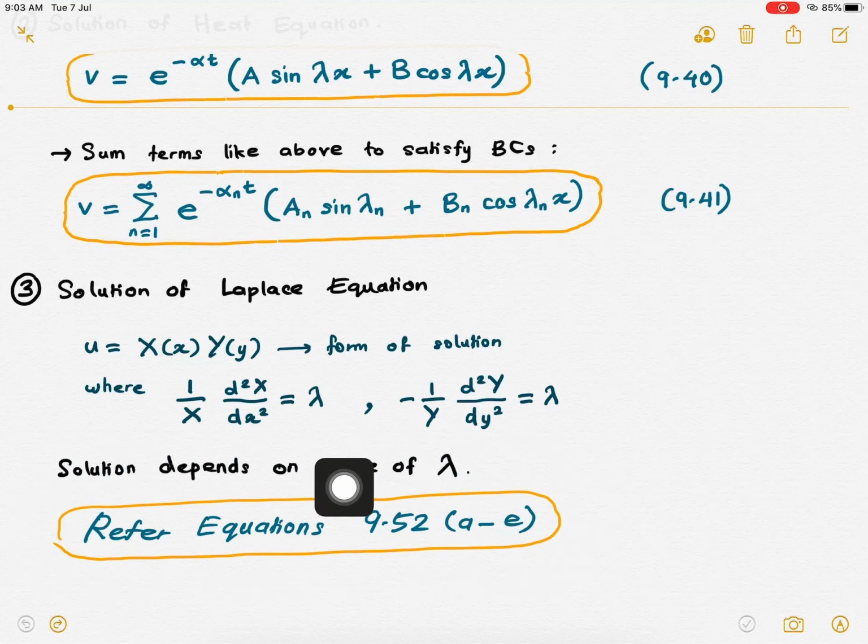You don't have to memorize them, but you need to understand them. Each of these equations depends on the value of lambda. Actually, there are 3 equations for 3 different values of lambda. So we need to know the value of lambda first, and then we can choose which equation is suitable for the solution.